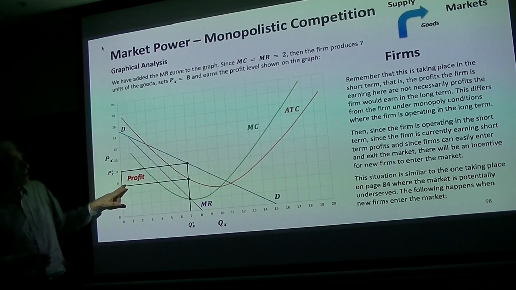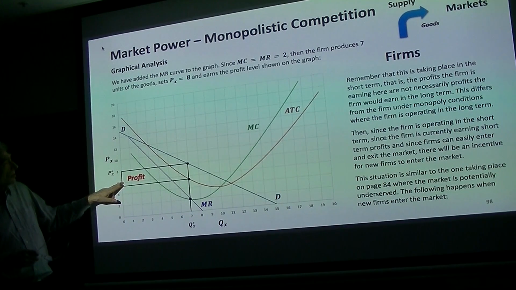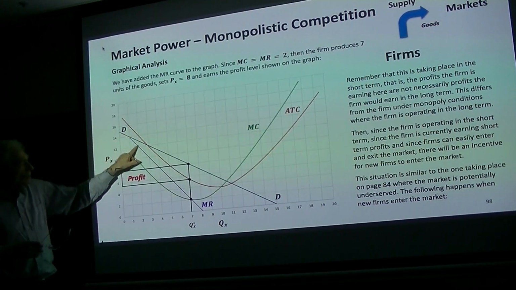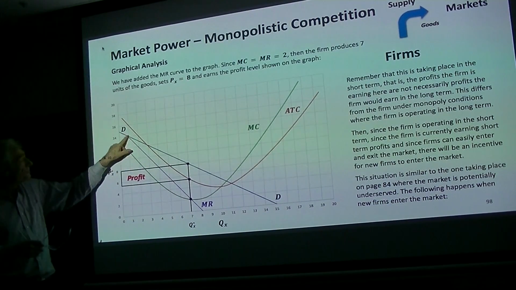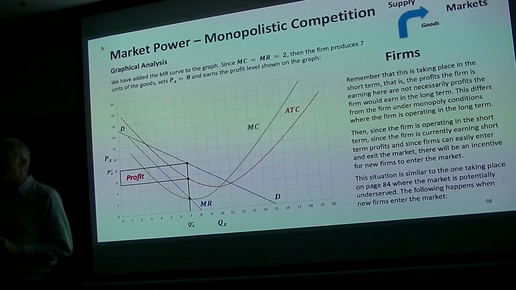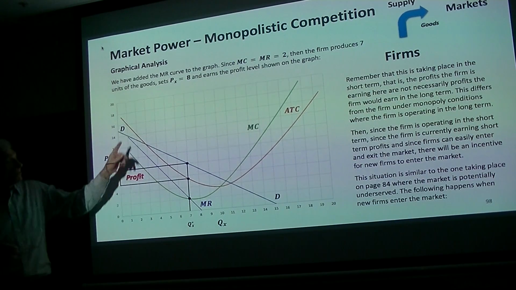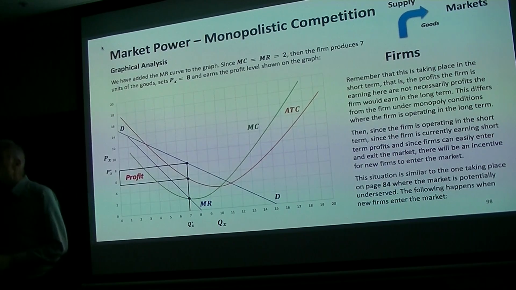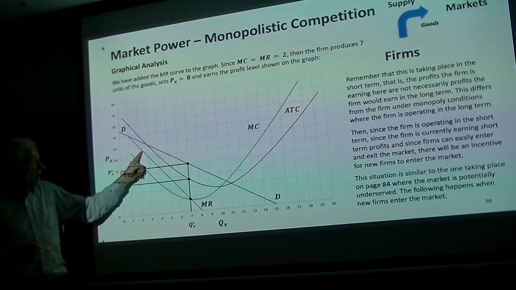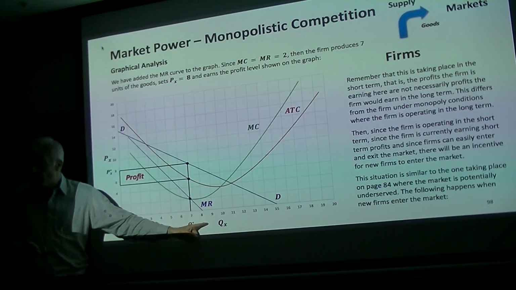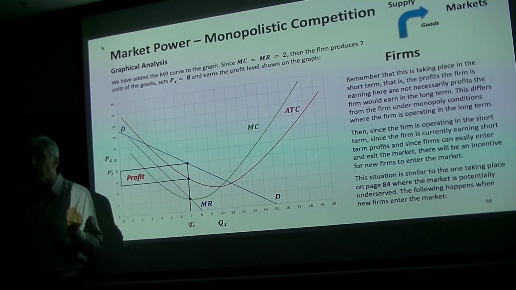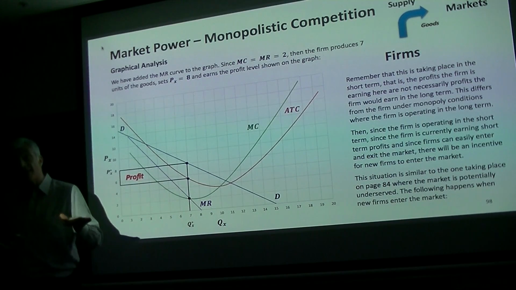The other thing to remember is that because you have a downward sloping demand curve, you have a downward sloping marginal revenue curve. Whereas what's the marginal revenue curve for a perfectly competitive firm? It's flat.